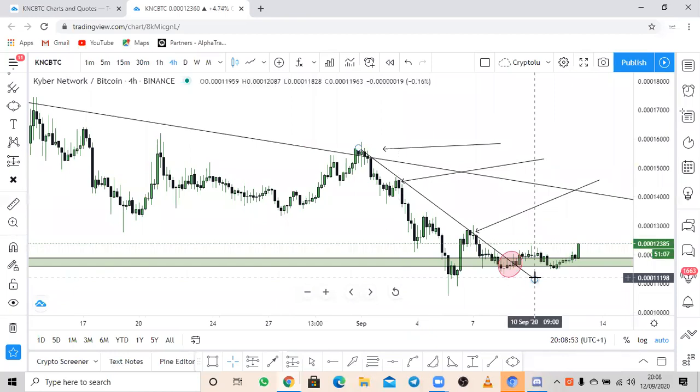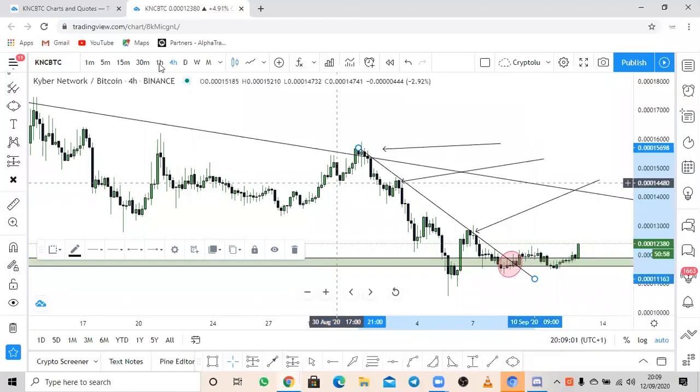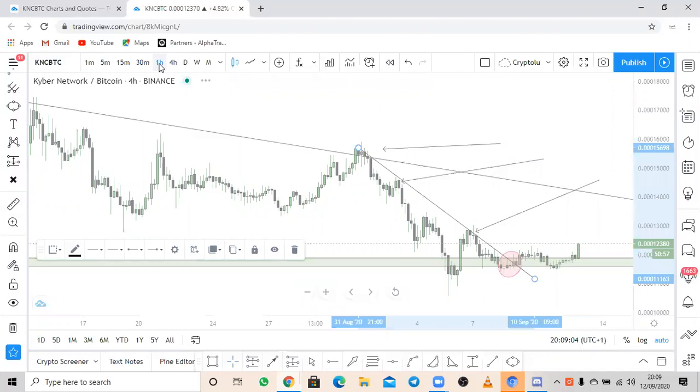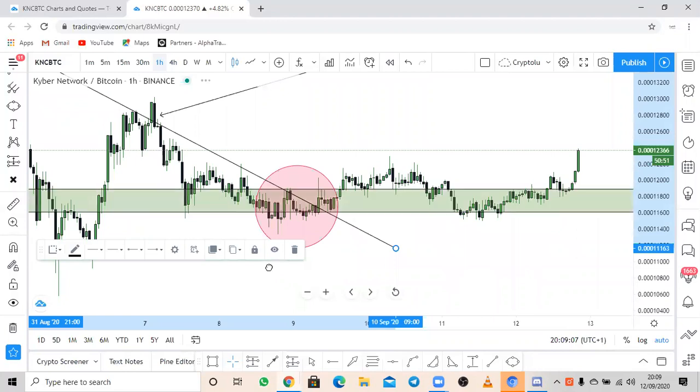After we had the breakout, going down to the 1 hour, you can see we had a double bottom pattern here. Let me try to calculate it for you.